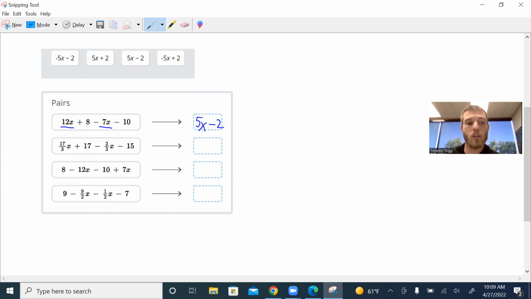So you just subtract the numerators. 17 minus 2 is 15/3 x, and that equals just 5x, because 15 divided by 3 is 5. So we're going to have 5x. And now let's combine our constants. 17 minus 15 is plus 2.